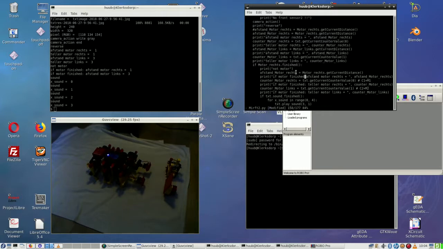Yes, this is really the distance. Afstand is distance. And then this one. And then this one is of course for the left side.